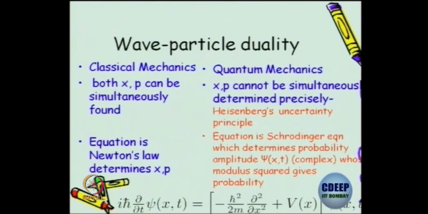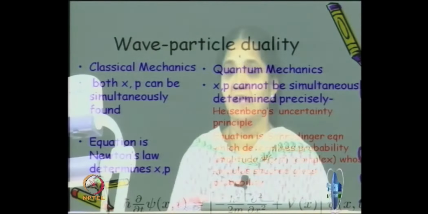I have written it in one dimension just for simplicity. V is the potential energy which the particle is facing, and we would like to solve this equation to find psi of x,t, which is the wave function. Okay.